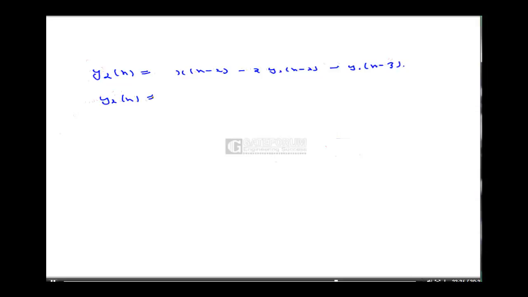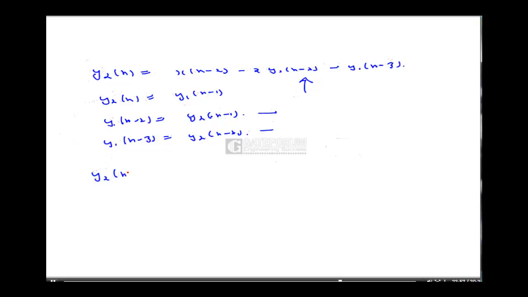But we know that y2n is equal to y1 of n minus 1. So y1 of n minus 2 is equal to y2 of n minus 1, and y1 of n minus 3 is equal to y2 of n minus 2. Replacing this in the above equation, y2n is equal to x of n minus 2 minus 2 times y2 of n minus 1 minus y2 of n minus 2.